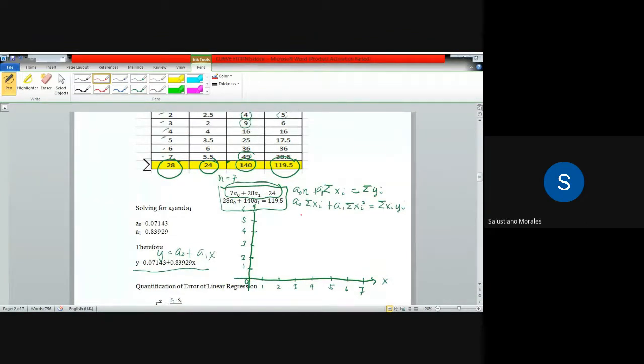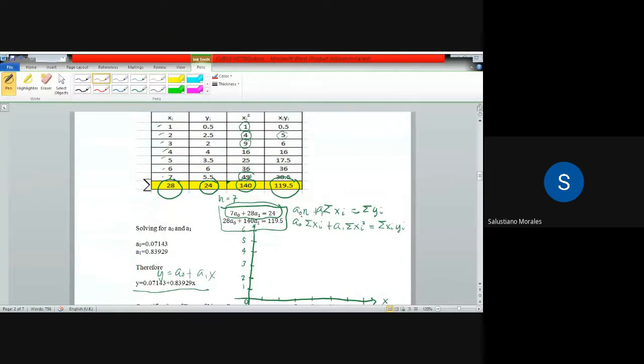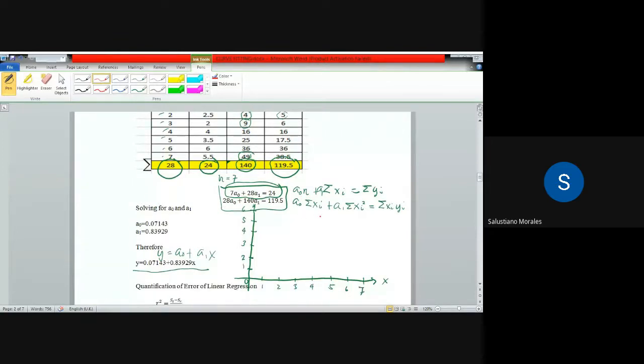So una is meron tayong 1 and 0.5. So kung tingnan natin yung point for that, ito yung 0.5, ito yung 1, so ito yung unang point natin. Then yung susunod is x equal to 2 and our y is 2.5. Therefore, our next point is ito, yung mga red.